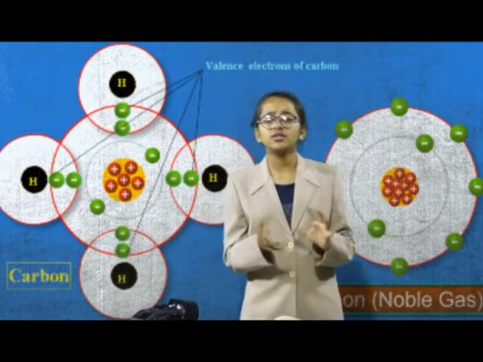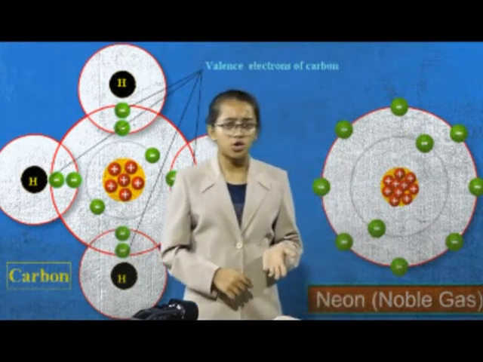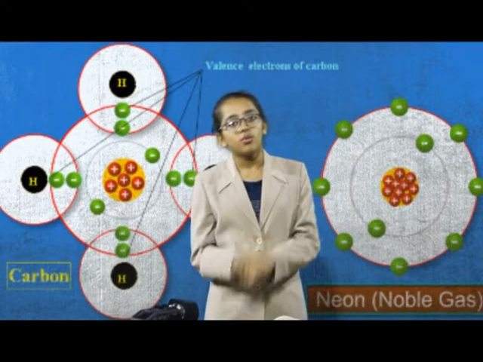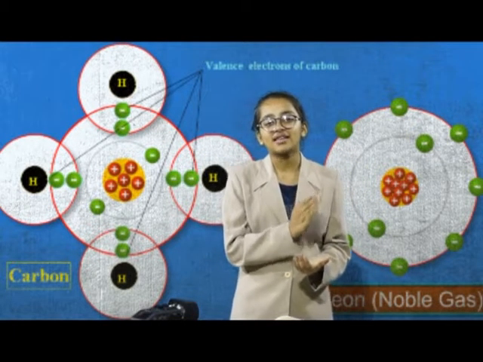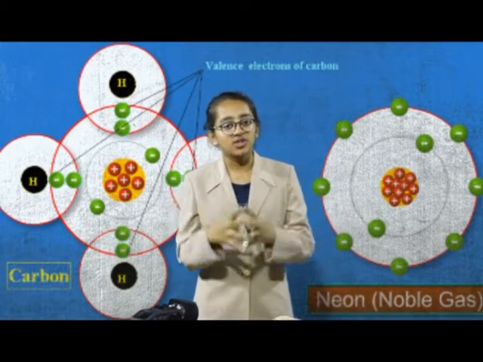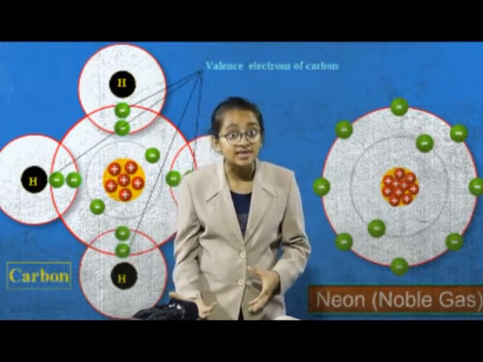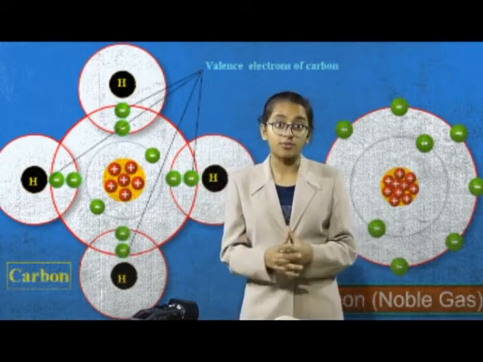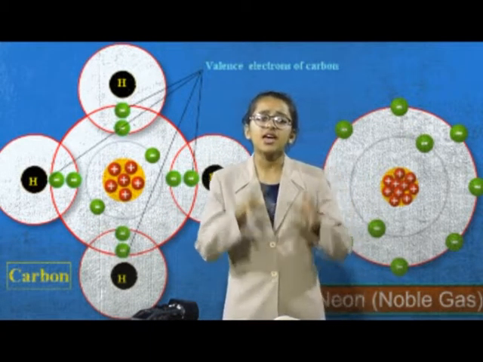Now we are going to see some of the reactions of ethanoic acid. First one is the esterification reaction. When ethanol and ethanoic acid are reacted with each other, we get esters, as I told you in the beginning.